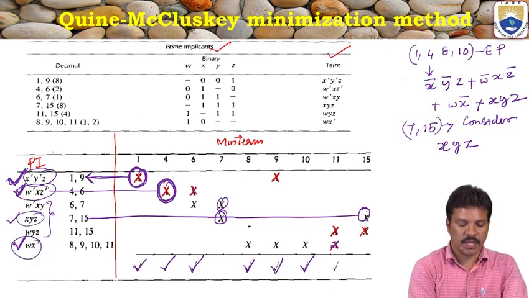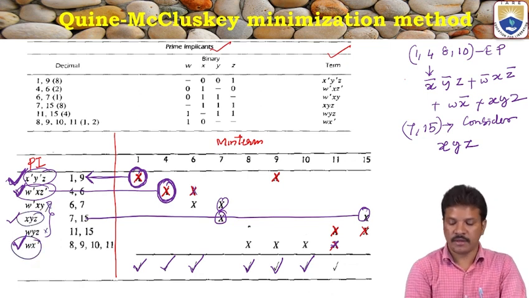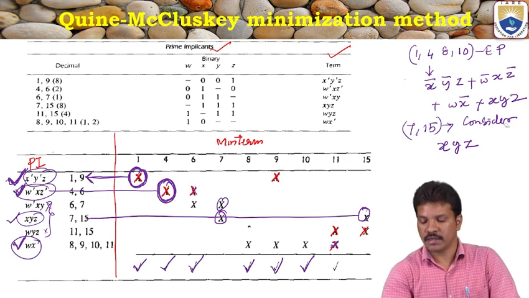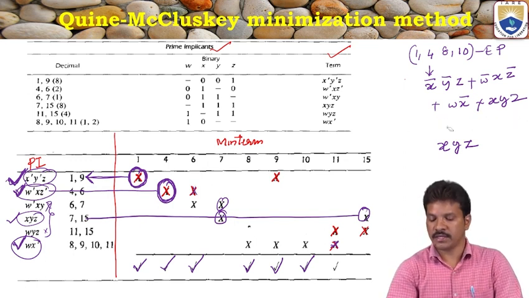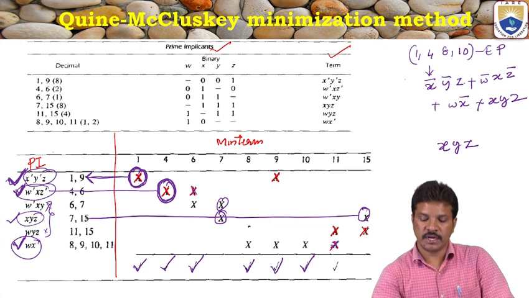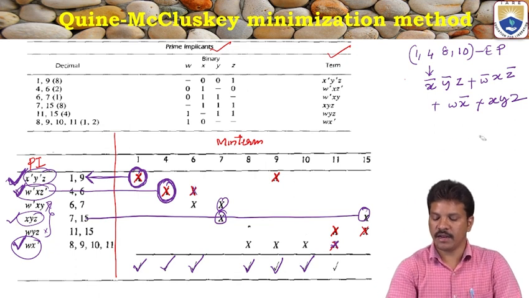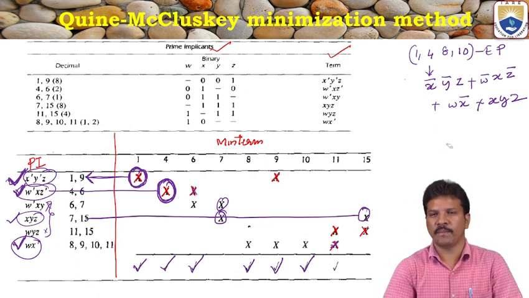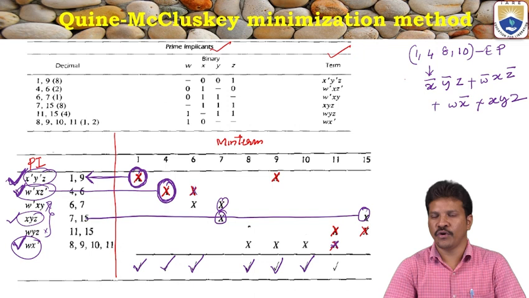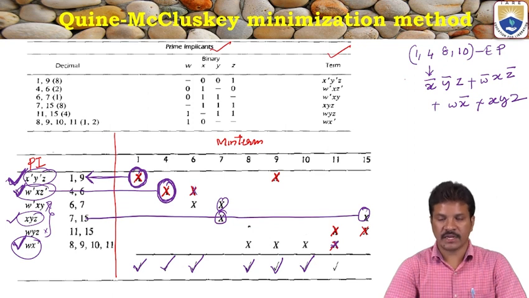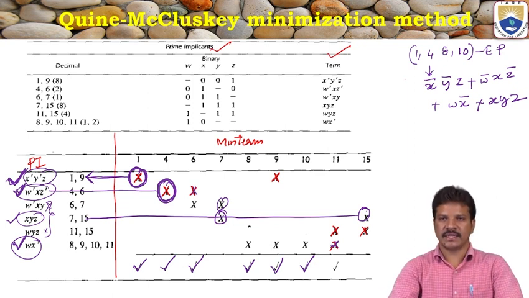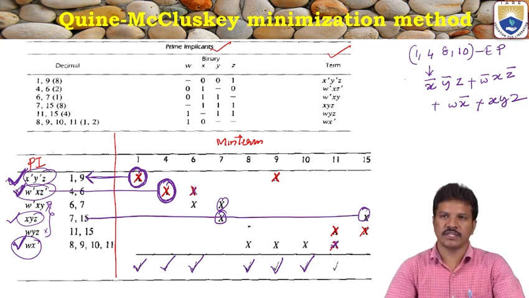The remaining 2 are not considered. Then the final answer is x bar y bar z plus w bar x z bar plus w x bar plus x y z. This is the final minimized Boolean function. Only 4 prime implicants should be considered among the 6 prime implicants found from the exhaustive search.